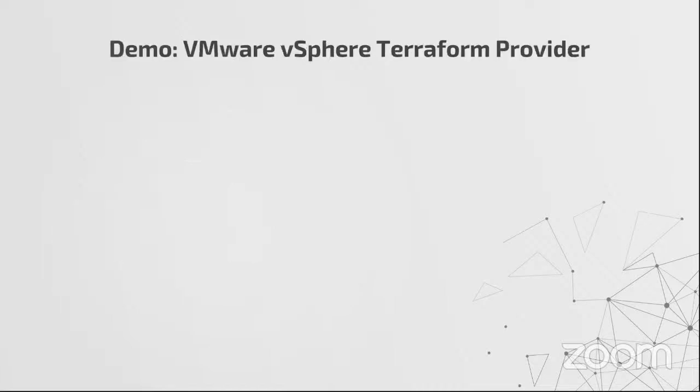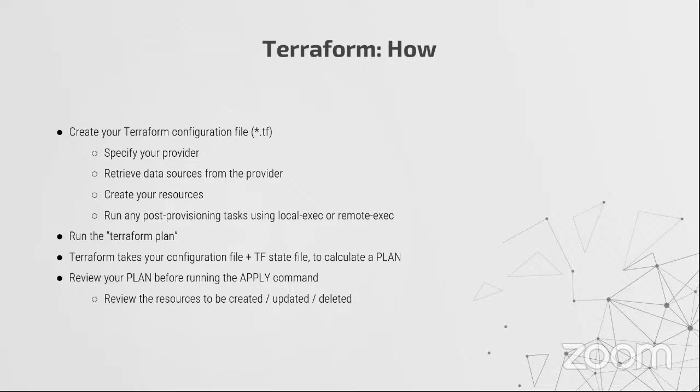So once we create our configuration file, we then initialize our folder and run the plan. What the plan does is it checks that all of your local configuration files look correct, there's no syntax errors, and it will check what you're planning to do against your current state file to see what it knows about your current environment.